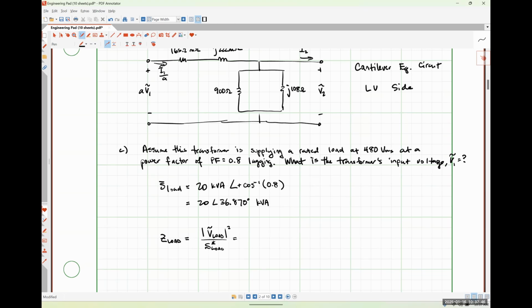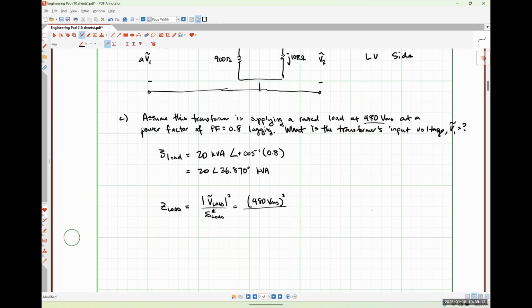The magnitude of the voltage drop across our load according to our problem statement is 480 volts RMS, right? We are told we have a load drawing rated power at 480 volts RMS, okay? So 480 volts RMS, quantity squared.